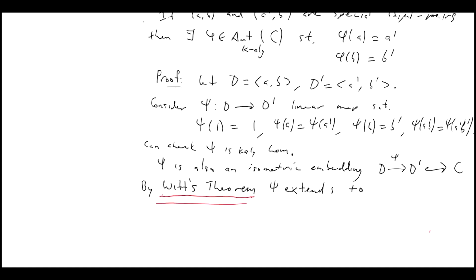I'll call this extension capital psi. We have this isometry, but we really want an algebra automorphism, so we need to modify capital psi a bit.